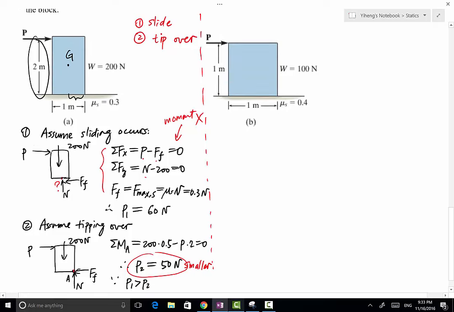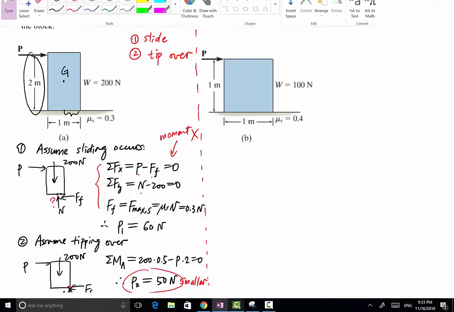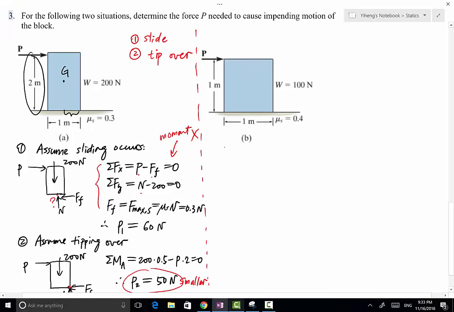All right, let's do this second problem real quick. Similarly, at first we assume sliding occurs. According to this free body diagram, this is P, and the 100 Newton force is here. We do not know where the normal force is.